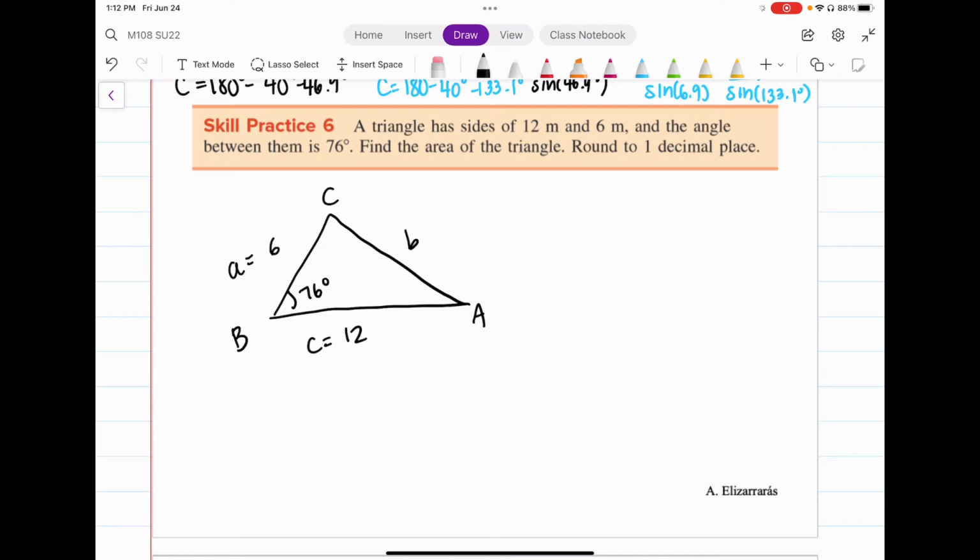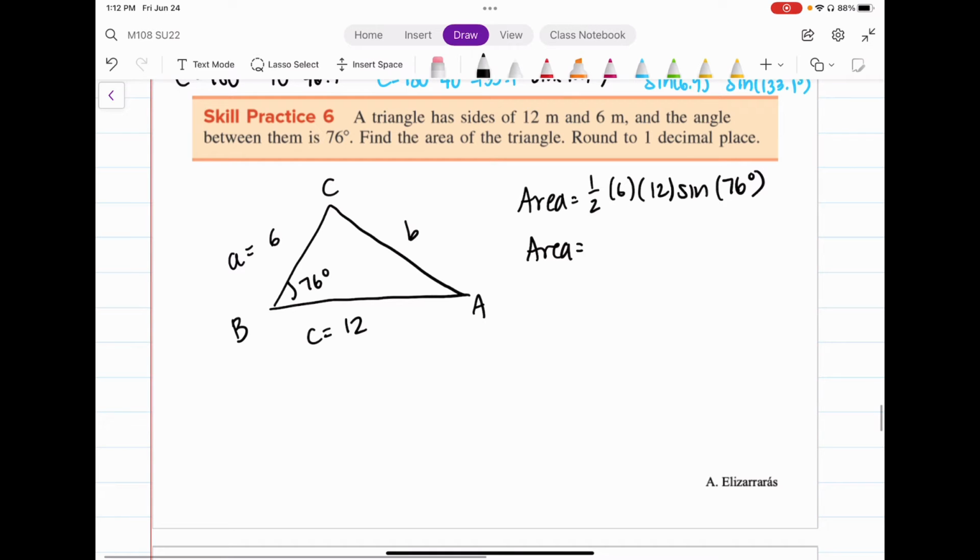So we know angle B, side A, and side C. So then the area is equal to 1/2 side A, side C, sine of angle B, which is 76 degrees. And so the area is equal to 34.9 meters squared.